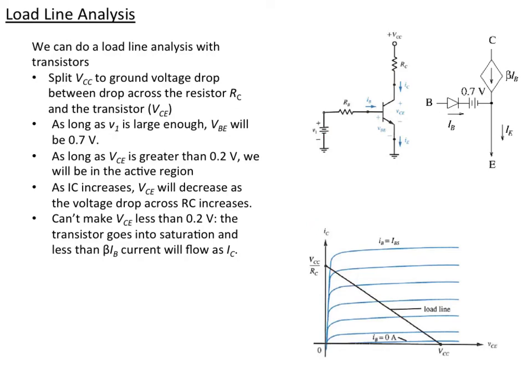We can't make the current here so high that this drops below zero, so at some point we cut off, we saturate. That'll put us in the saturation region, and we'll get much less current than we expect. However, a current will always be flowing here. It's just that when we get into the saturation region, we've saturated how much current we can pull between VCC and ground.